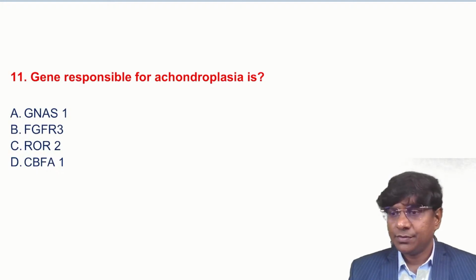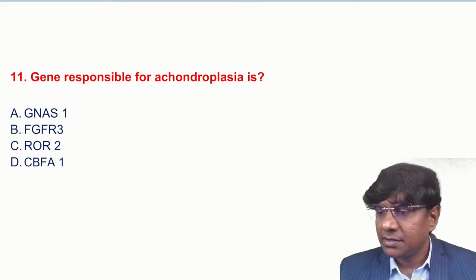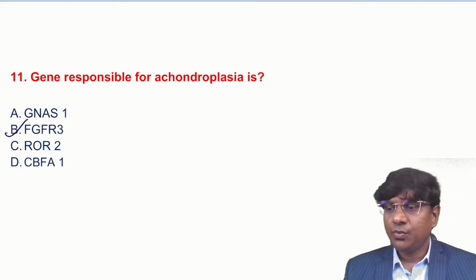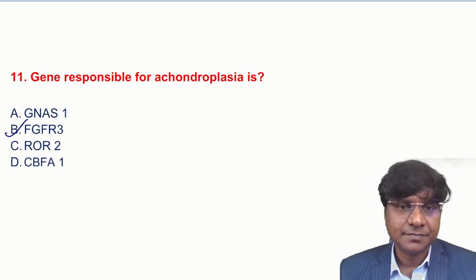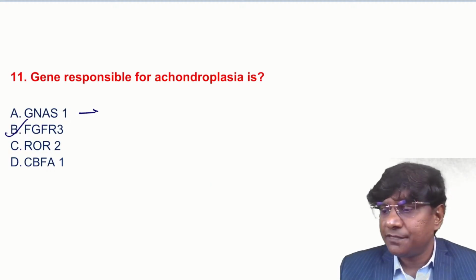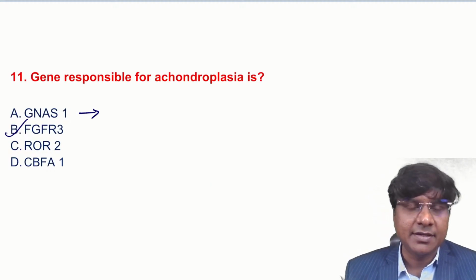Very good. Yes, Anvesha Panda and as well as Hamna, it is not GNAS1. It is your FGFR3. Now, where is it that you will have GNAS1? Mutation of GNAS1 you will have in McCune-Albright syndrome.